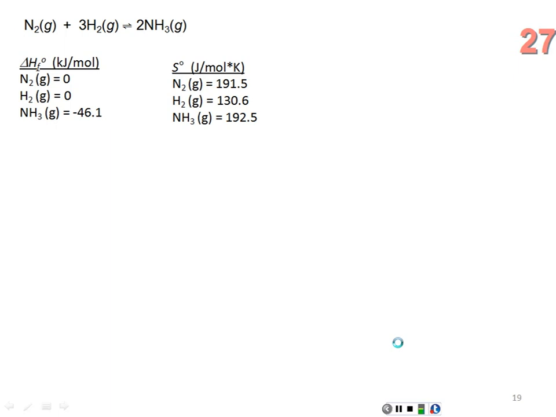Let's start with enthalpy. So delta H for the reaction is going to equal the sum of the products minus the sum of the reactants. So the standard enthalpy of formation of the products minus the standard enthalpy of formation of the reactants. What are those?